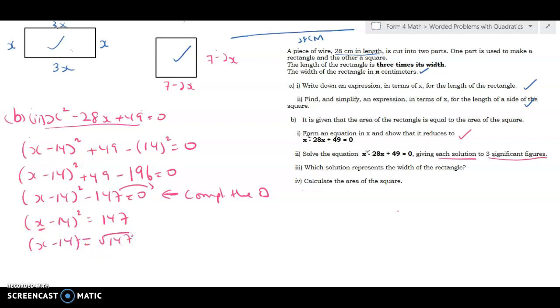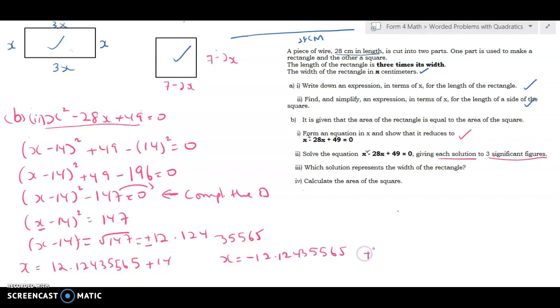Now the square root of 147 will give us a pretty large number, 12.1243565. Now this would be positive and negative because the square root of 147 will have both a positive and a negative answer. So taking the positive first, I'll go 12.1243565 plus 14, and then my other answer will be minus 12.1243565, plus 14 again.